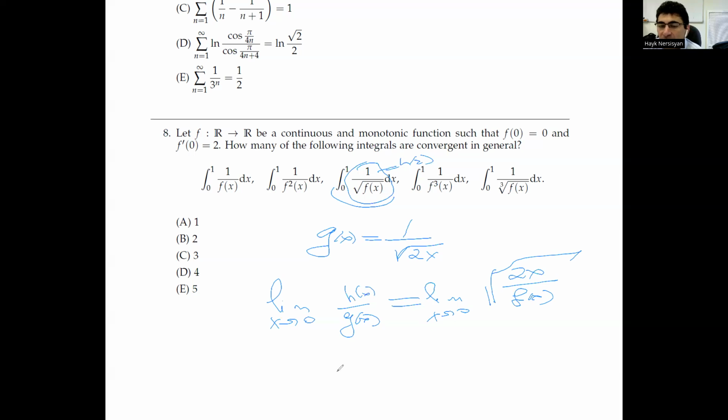Can you help me find the limit of 2x divided by f(x)? When x goes to 0, what is the limit of 2x over f(x)? If we plug in 0, we have a 0 over 0 form. If it is 0 over 0, L'Hopital. We can apply the L'Hopital rule.